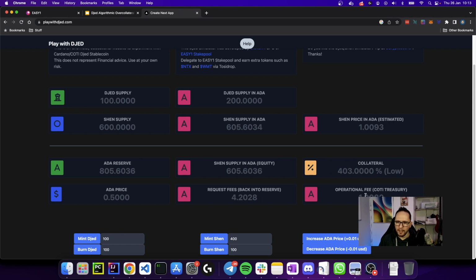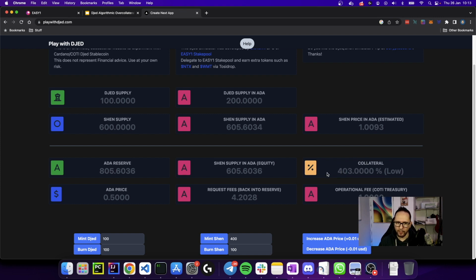Operational fees get out of the smart contract, basically. They can be withdrawn by COTI to pay for their expenses, and eventually this is going to go into the COTI treasury. ADA will be sold for COTI, and COTI tokens will go into the COTI treasury. So that's the full story. But as soon as we mint the Djed, obviously now we can correctly calculate the rate of the collateral.